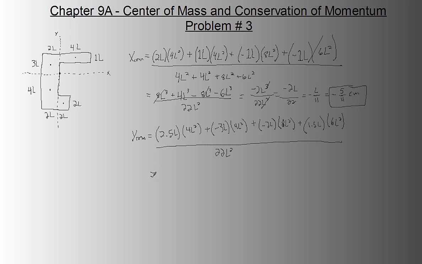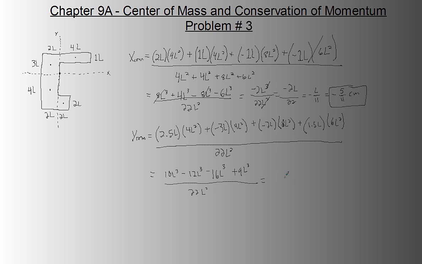So that becomes, just to save some time, this is just 10L cubed minus, it's not really saving time, whatever. I'm just going to write it down. You can, if you don't trust me or I screw something up, you can figure it out. L cubed plus 9L cubed over 22 L squared.